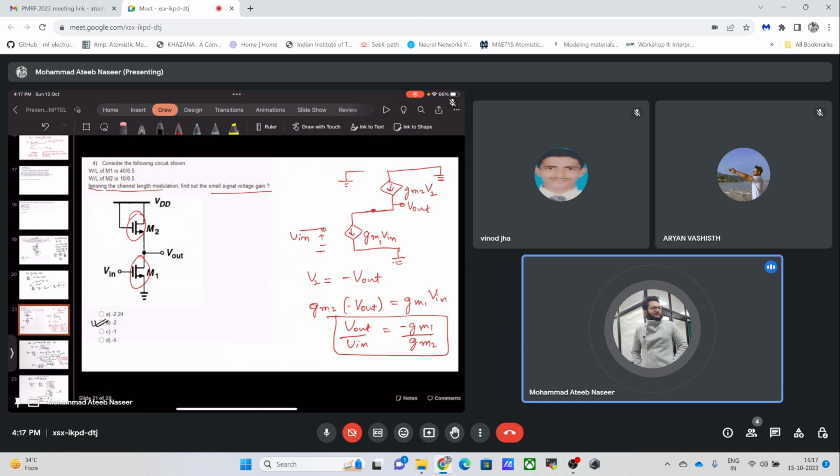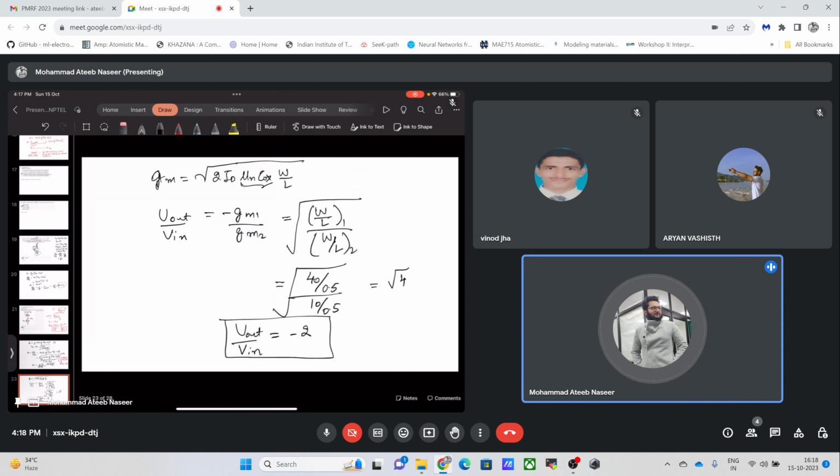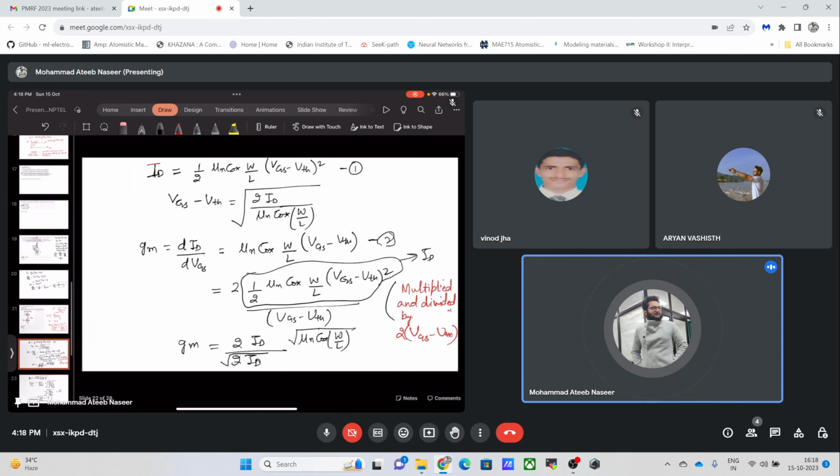What we did was, first of all, we drew the small signal equivalent, and from that we got this expression in terms of the gm ratios. We said that in order to have gm in terms of W by L, we derive how gm depends on the W by L ratio only.